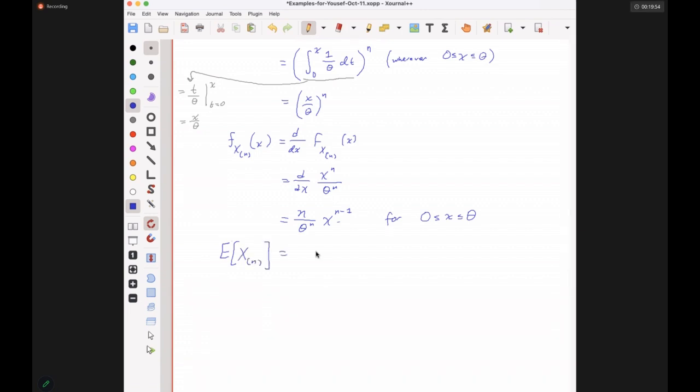And how do we write that expectation in terms of this density? How do we write the expectation in terms of the density?